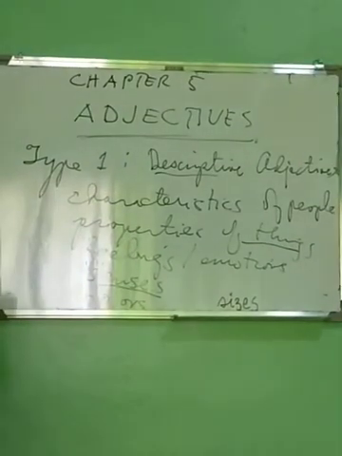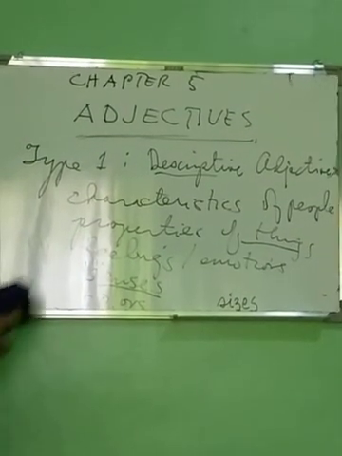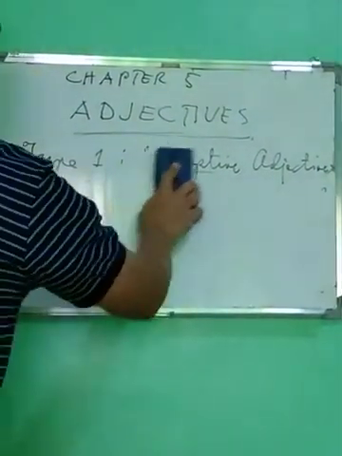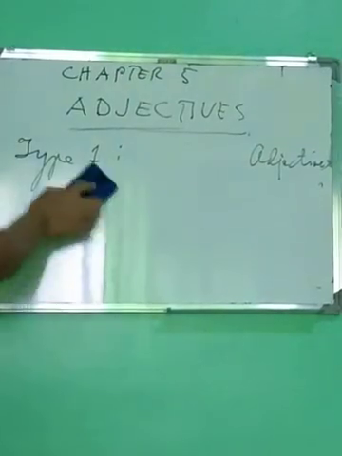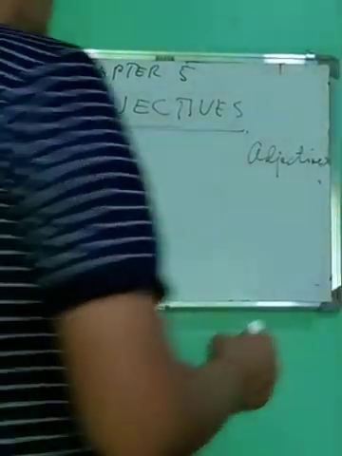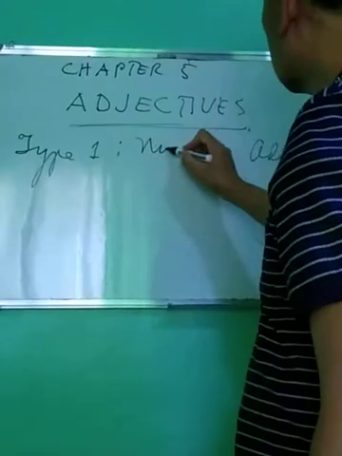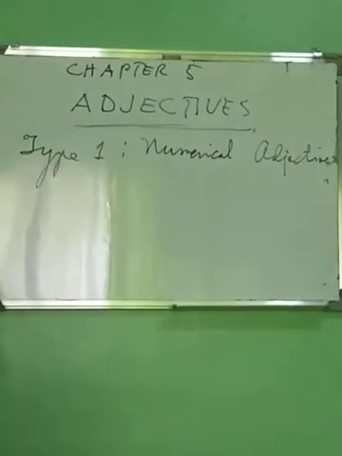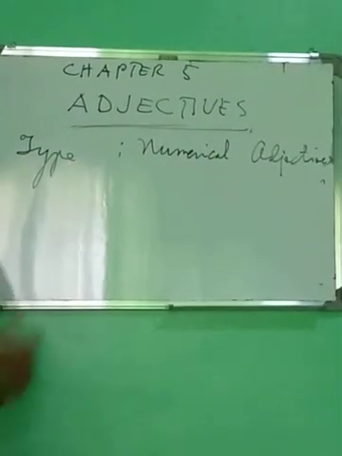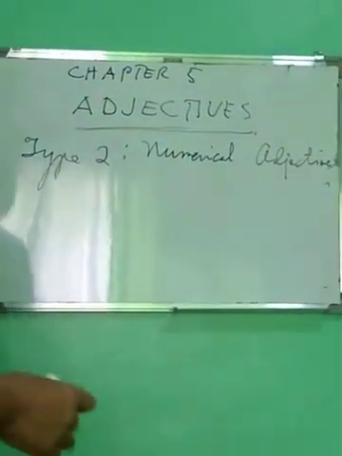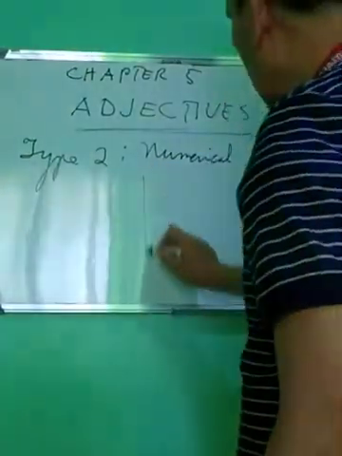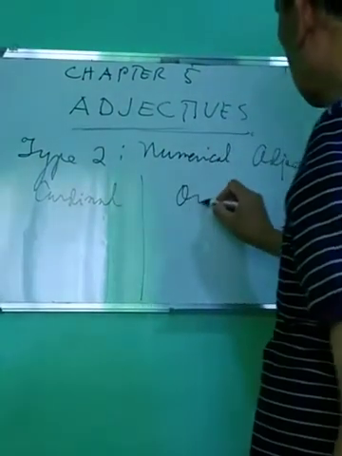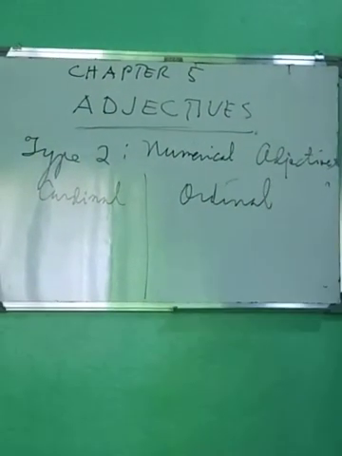So that is type 1 of adjectives. The second type that we will be discussing today is what we call numerical. From this word alone, numerical, we are talking about numbers. Numerical adjectives. This is type 2. When we talk of numbers, we may talk in terms of cardinal numbers or ordinal ranking, or ordinal numbers.